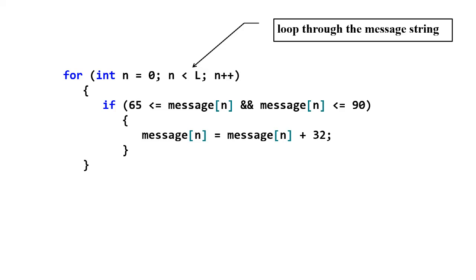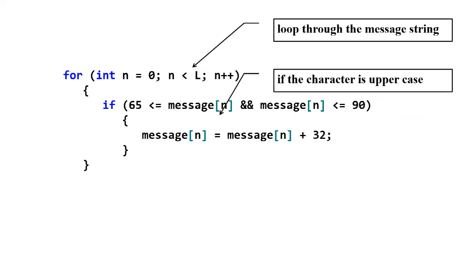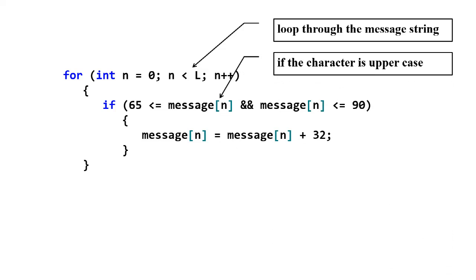Then there is an if statement that checks to see if this character is an uppercase character or not. I know it's an uppercase character if its number falls between 65 and 90. If it's greater than or equal to 65 and less than or equal to 90, it's an uppercase A through uppercase Z. So we have an if statement to determine if the character is an uppercase character.